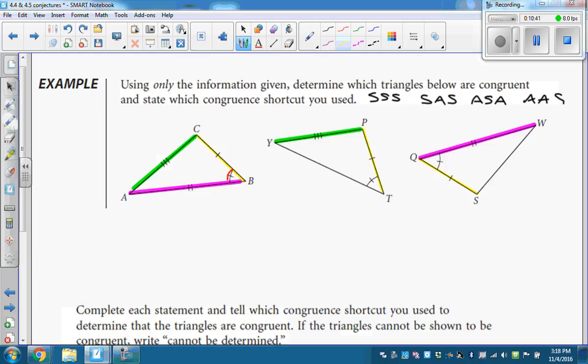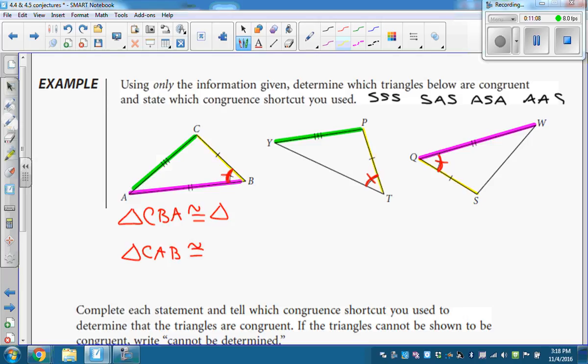So like this angle, I'm just going to color. That was marked with a 1. Yeah, it's a side angle side. There we go. There's CAB and it's a side angle side. We know triangle CBA. Well, you could say CAB.